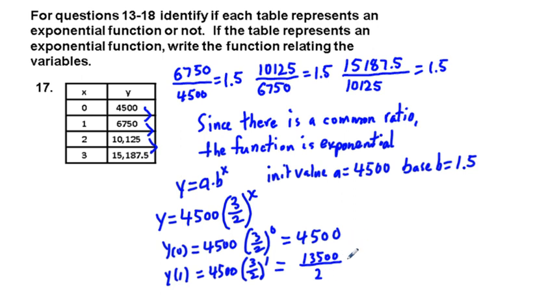For that, we're going to get 6750. Check. So this is going to be our equation right here. Write the function relating variables. This is it: y equals 4,500 times 3 over 2 to the power of x.